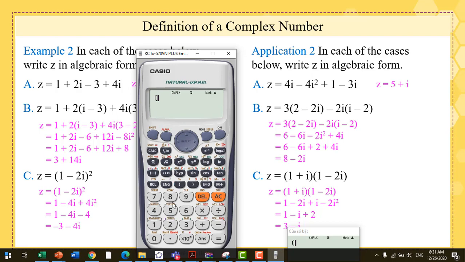We open parentheses, we write 1 plus i, close parentheses, times 1 minus 2i, close parentheses, then equal sign, we get 3 minus i, and this is the answer as you see. So we can do all of these details using the calculator. We don't have to do all the calculations.